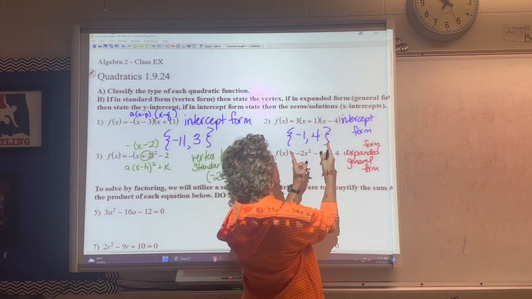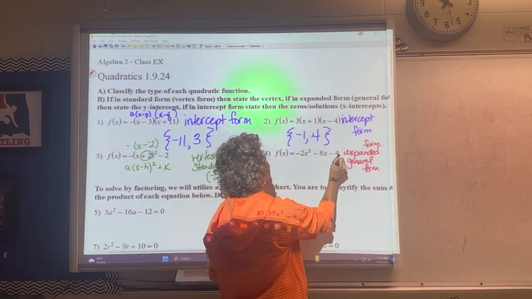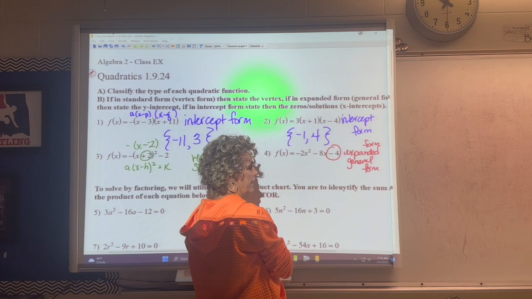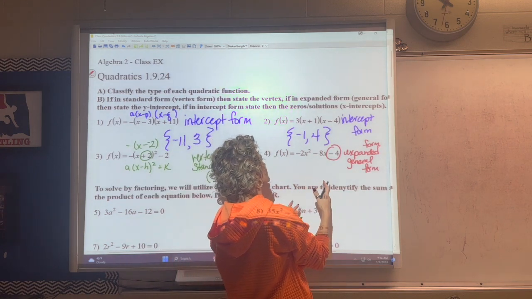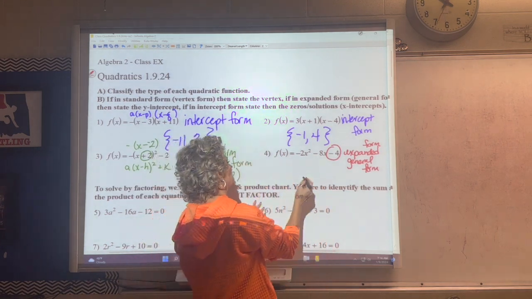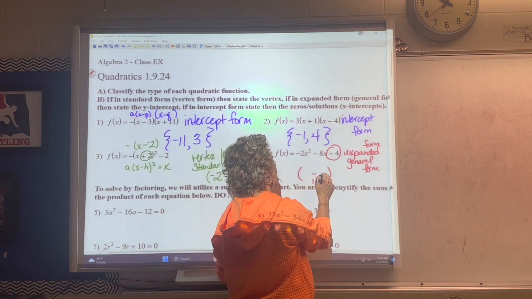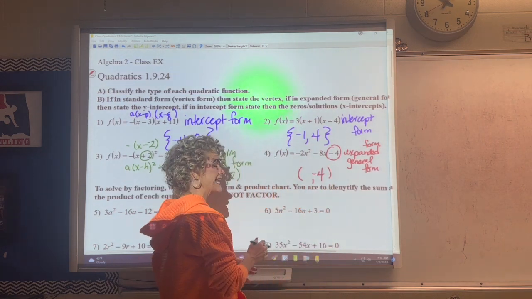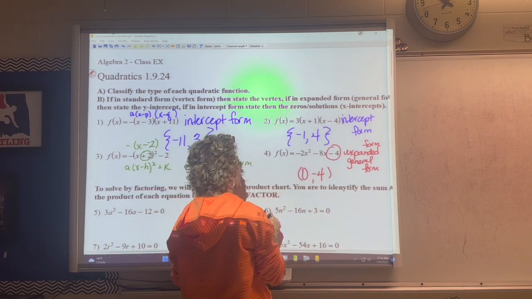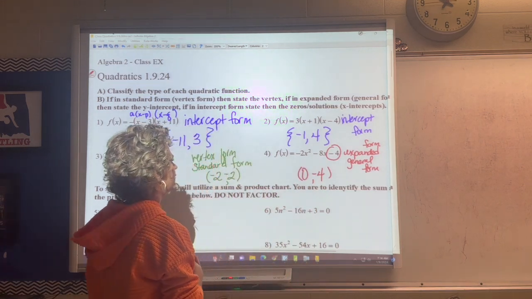This parabola is going to cross the y-axis at our constant value right there. But since it is a y-intercept, it is a set of coordinate points. The y is a negative 4, and for it to be an intercept, x is always 0. So it'd be (0, -4).